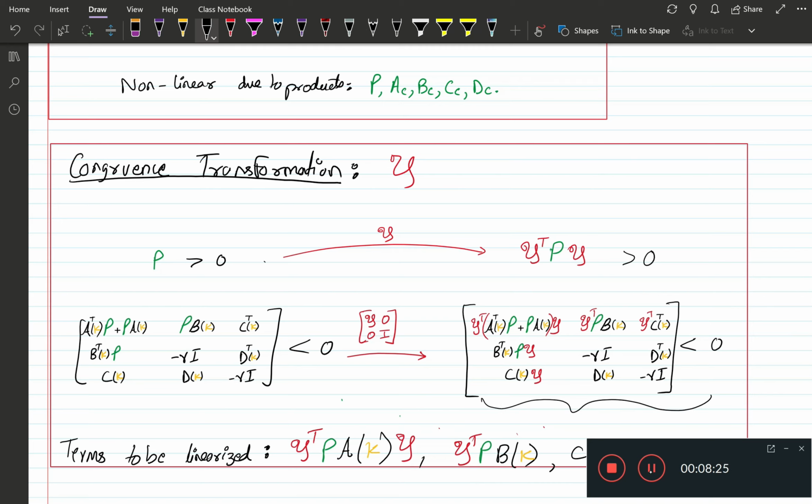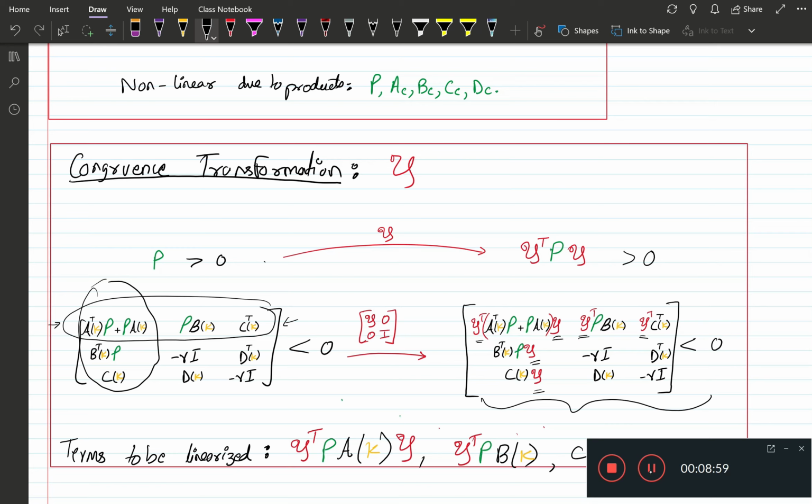Note that a congruence transformation here would just mean we multiply the first row, first column from the right by Y, and that's why you see Y is here, and we multiply the first row by Y transpose, which is just multiplying Y from the left, and that is what you see here.